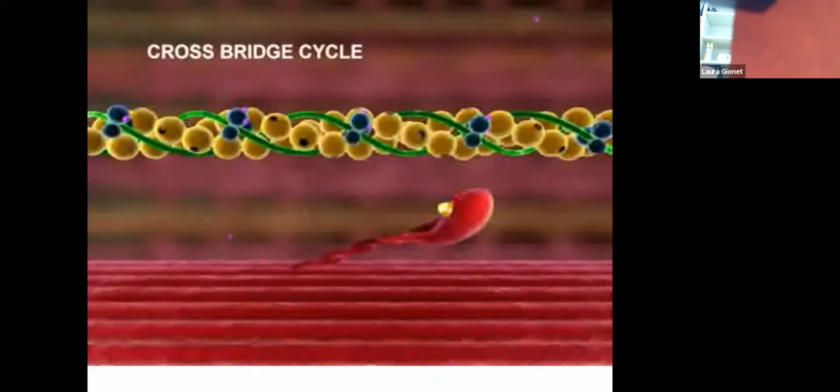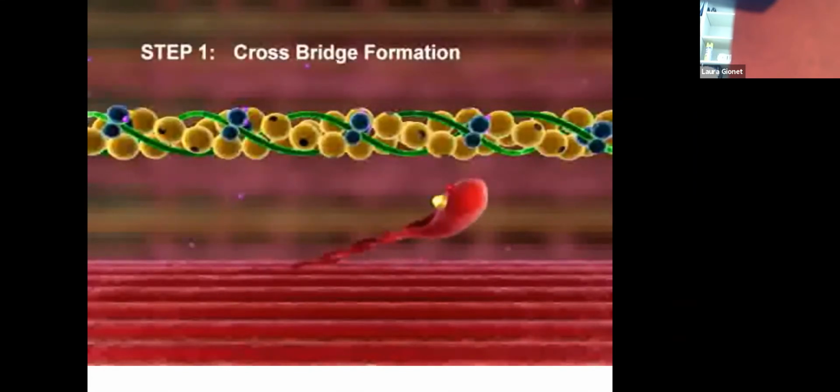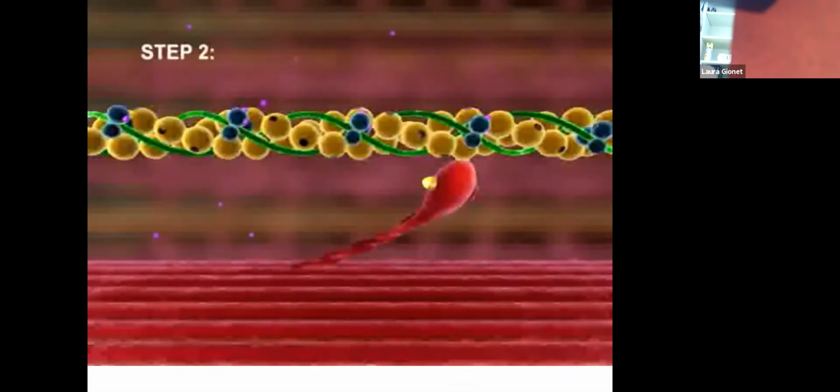A cross-bridge cycle may be divided into 4 steps. Step 1, cross-bridge formation. The activated myosin head binds to actin, forming a cross bridge. Inorganic phosphate is released, and the bond between myosin and actin becomes stronger. Step 2, the power stroke.